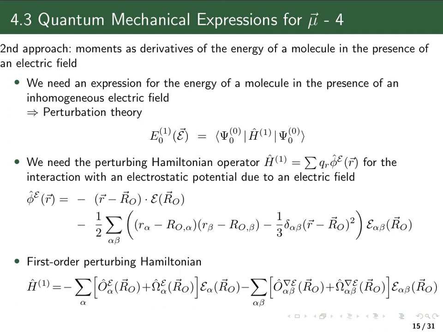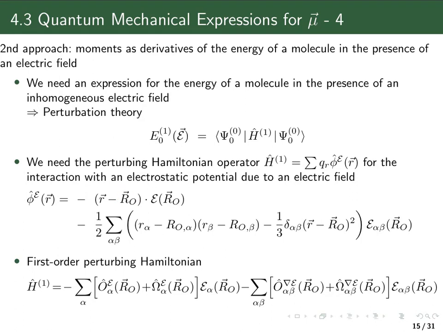Now the electrostatic potential we had actually derived in chapter 4.2 as a series expansion. And if you take the first two terms, or actually the first three terms, and then ignore the constant term, then we get this one, where we have the electric field multiplied with the position vector of the particles relative to the origin, to the expansion point.